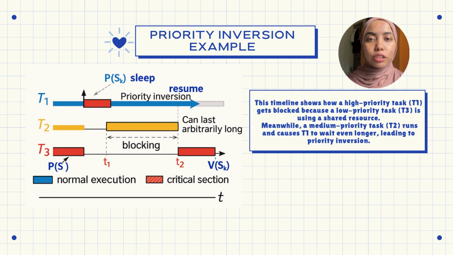Then T2, a medium priority task, arrives. It does not need the shared resource, so it runs and delays T3 from finishing. As a result, T1 is stuck waiting. This is the priority inversion, and it can last as long as T2 keeps running. Finally, once T3 finishes and releases the resource, T1 can continue.